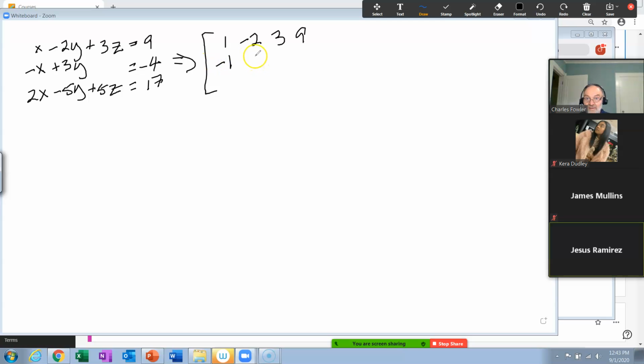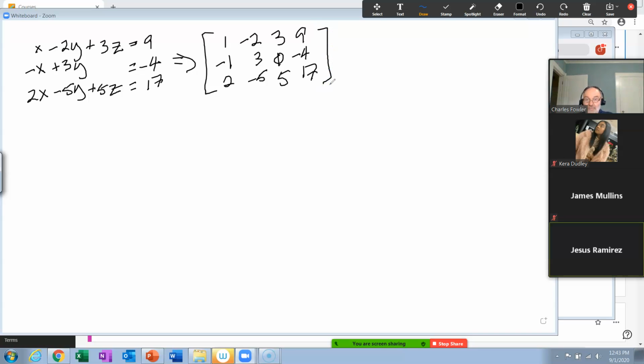Negative 1, plus 3, 0, negative 4. Got it. Next is 2, negative 5, plus 5, and 17. I don't like that 17, do you? Okay. All right, let's see what happens.